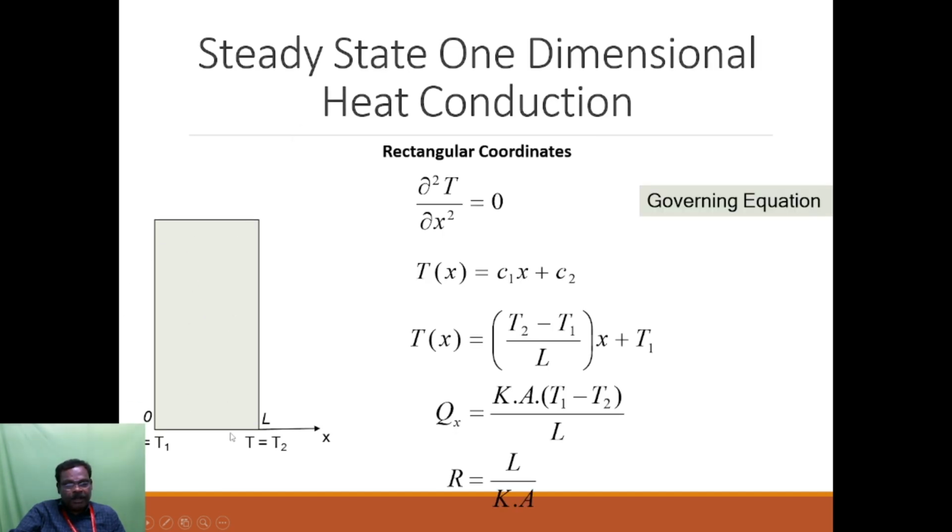The wall is made up of a single material of thermal conductivity K. We can find out the heat transfer rate using this formula. In a simple problem, you will be given the thermal conductivity of the plane wall, initial temperature, final temperature, and the thickness of the wall. If all these are given, you can find out the heat transfer for a plane wall.